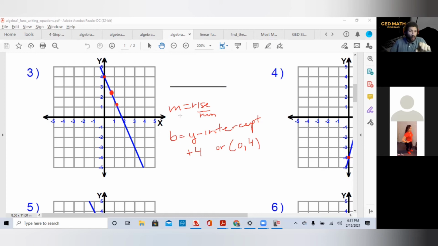Just like this is a point on the line, but we don't want to use it because we don't know in between what those values are. So this is why we want to find a point that corresponds to whole numbers on the x and y axis. As I'm going down, tell me when I should stop. Because visually you should be able to tell. Go down 7 to -3.